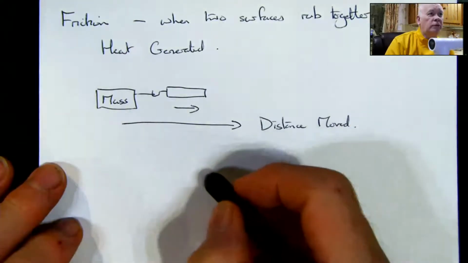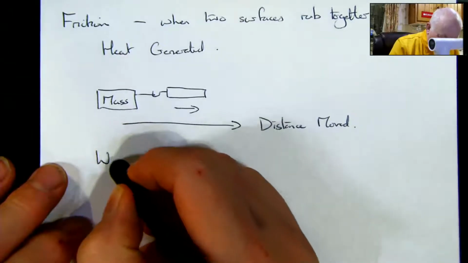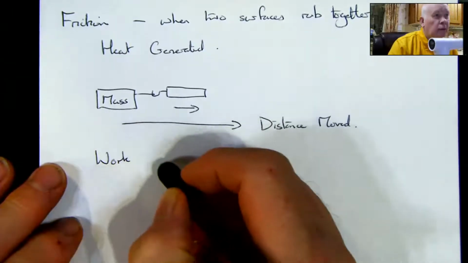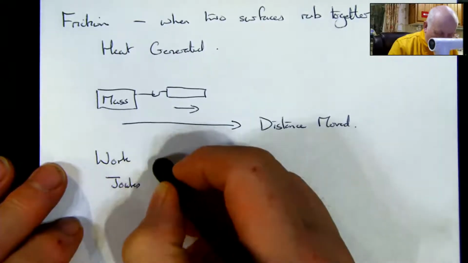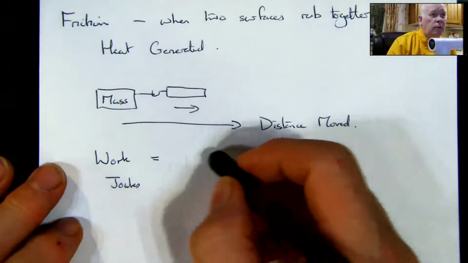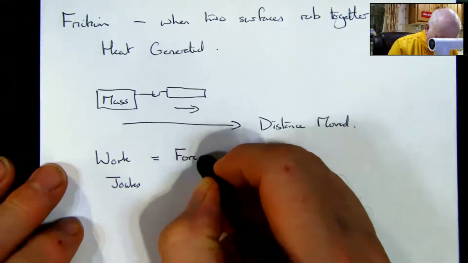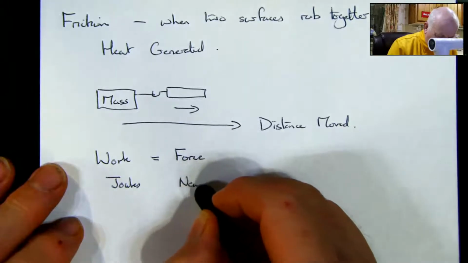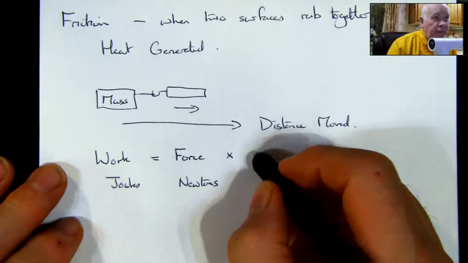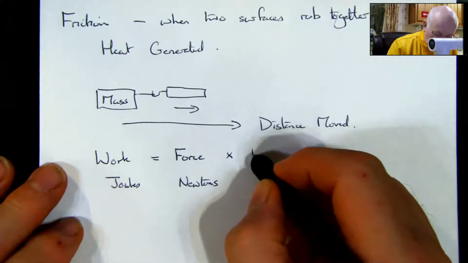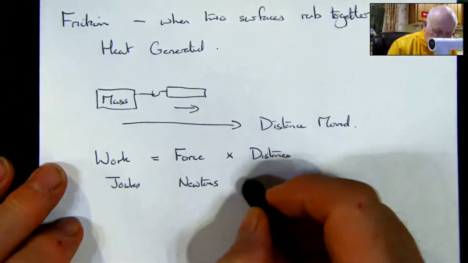So what we want to do is apply some force. So we know that work, and we're going to measure work in joules, is going to equal the force that we're going to apply, and we measure the force in newtons, and we multiply that by the distance that we're going to move, and the distance we're going to move is measured in meters.